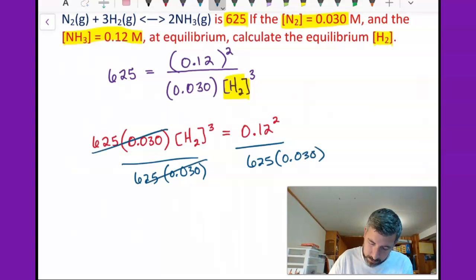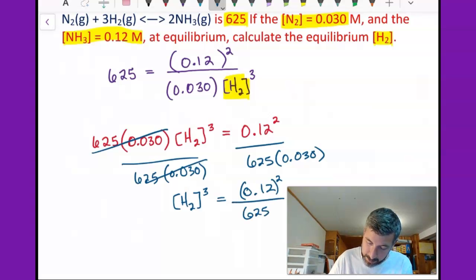And that is going to give us H2 cubed equals 0.12 squared over 625 times 0.30. Go ahead and do that calculation real quick.